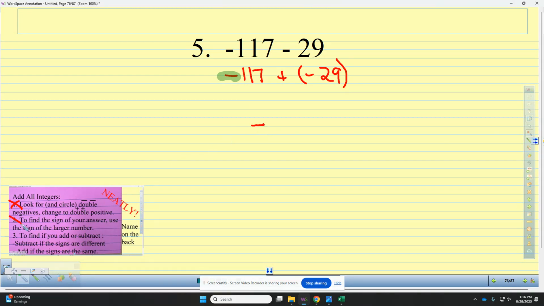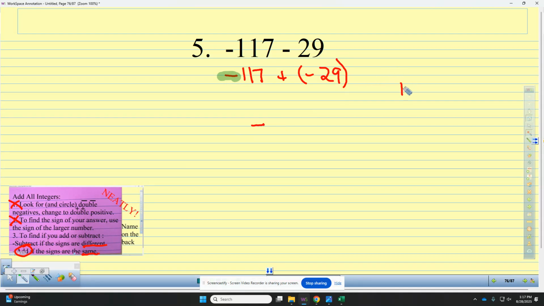So that takes care of step 2. Again, we're using the Post-it to go down each step by step so that we don't skip anything. Now we need to figure out, are we going to add or subtract these? Are the signs different or are they the same? In this case, they're both negative, so we're going to add.